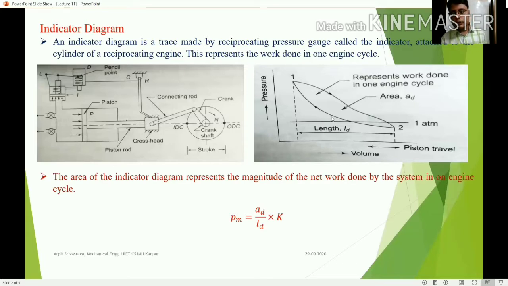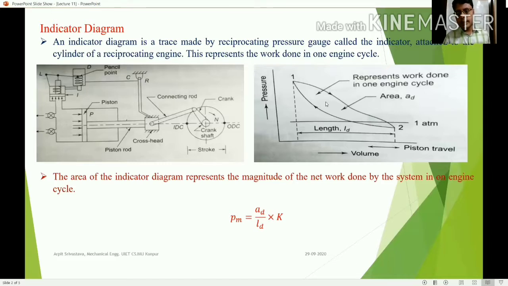In this figure, we define two parameters. The first one is the area, which is represented by AD, and the second one is the length, which is represented by LD. This area represents work done in one engine cycle. In the last lecture, we already discussed that the area under a cycle in the PV diagram represents work done inside the cycle.